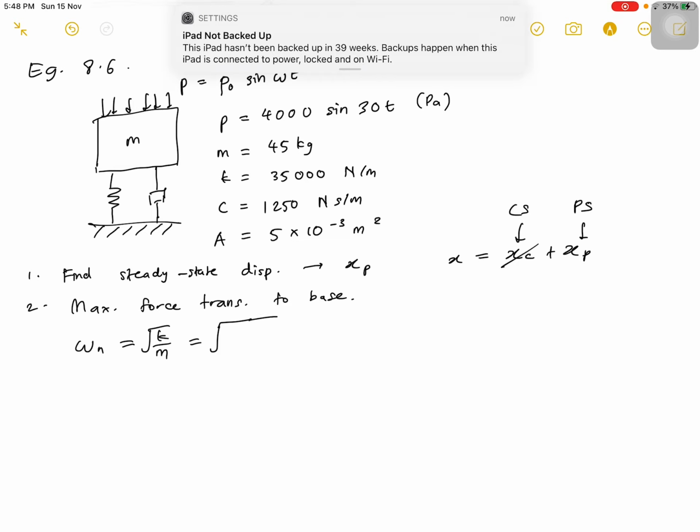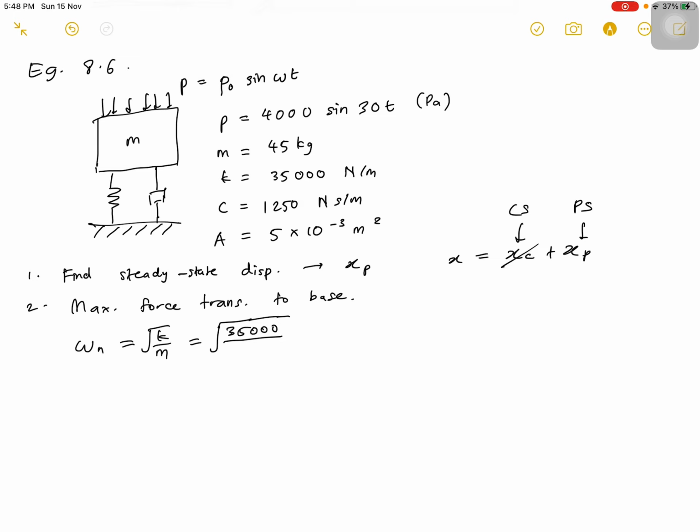Hopefully you already remember this formula. Put the value. Now make sure that the unit is correct. So we can just put the value alone without the unit, and then we can get the natural frequency. And then for the damping ratio, we use the same formula from the previous example. So we just put the value.